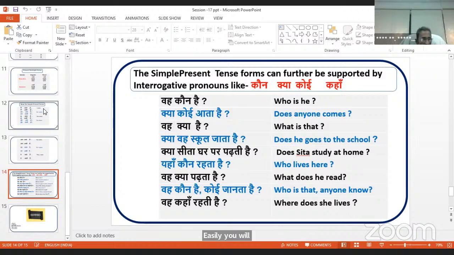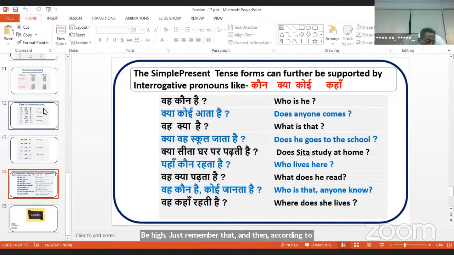One, the construction has four forms: ता है, ती है, ते हैं, ती हैं, according to the number and gender of the subject, because the verb always agrees with the number and gender of the subject.